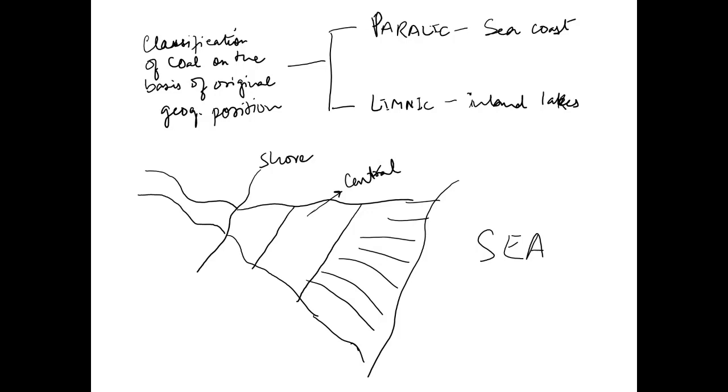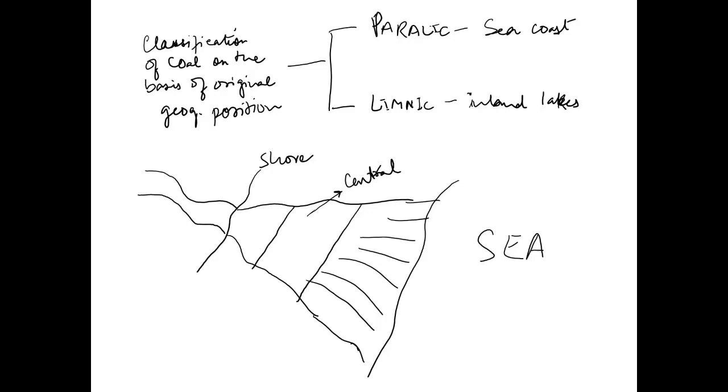Peats may occur, no problem, but the central part is so rich in mineral matter that mineral matter does not allow the coalification process properly. So the external distal part of the delta is the proper place for the formation of coal seams.